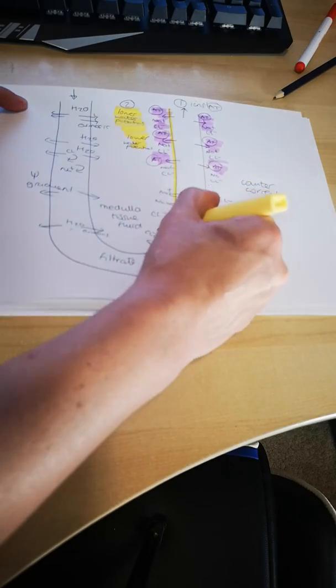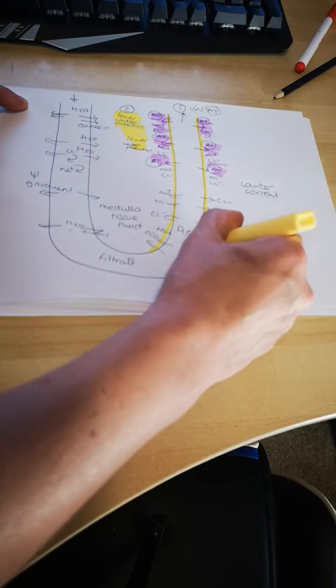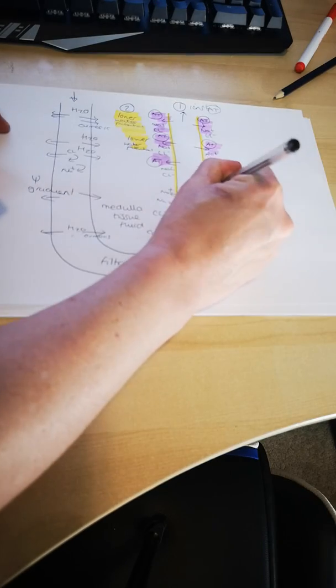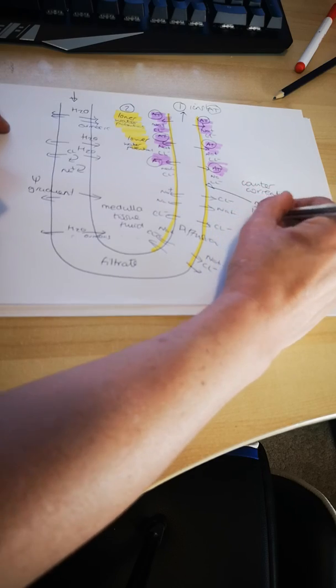Now, although not necessarily on the mark scheme, it's important to note that this wall, our ascending limb, is not permeable to water. So water cannot follow by osmosis from the ascending limb.